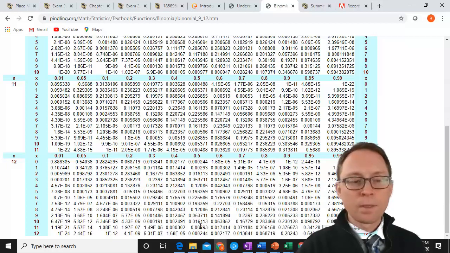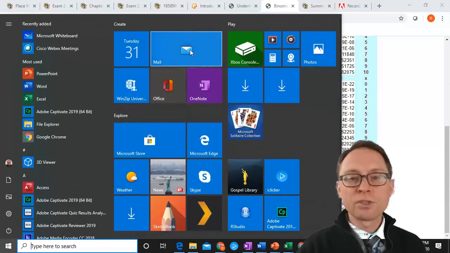If 11 people fall in love, that's 0.00293. So 0.000244, that's less than 0.05. If I add 0.00293, that's still less than 0.05. If I add 10 out of 12 people, 0.016 plus 0.00293 plus 0.000244, all that together is still less than 0.05.